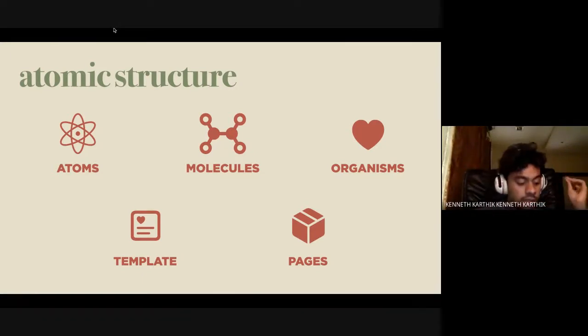All of the design systems are built using an atomic structure. What I mean by that is, I should have used a better visual. Multiple atoms make a molecule, multiple molecules make an organism, multiple organisms make a template, and templates together make a page. The atoms are the smallest building blocks of the UI system.